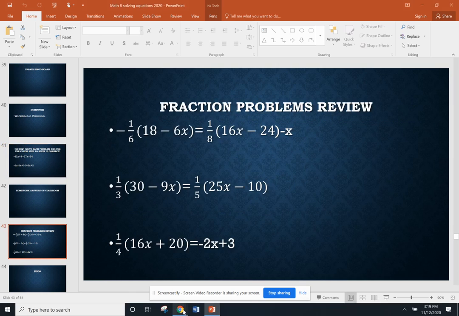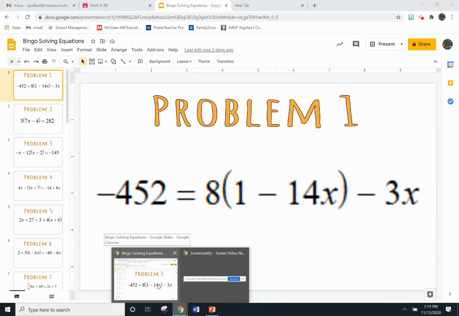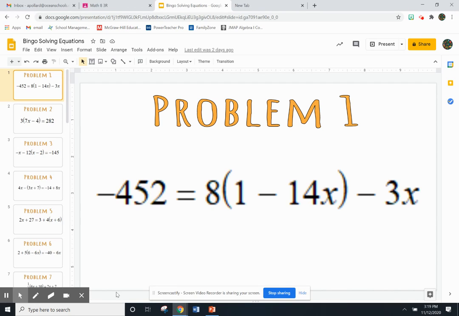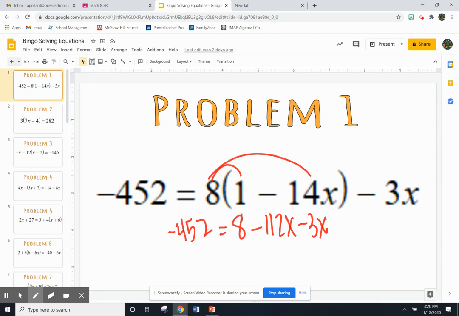I'm going to move on to the in-class review we did. So we have problem 1 here. So we distribute in. 8 times 1 is 8. Negative 14 times 8 is negative 112x minus 3x, and it's still equal to negative 452.